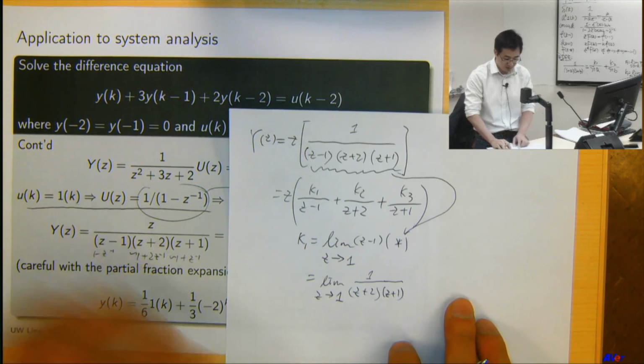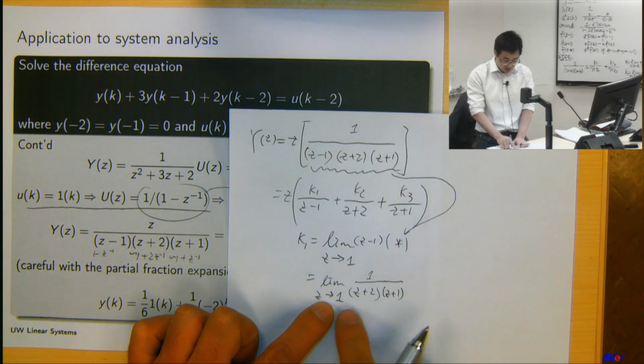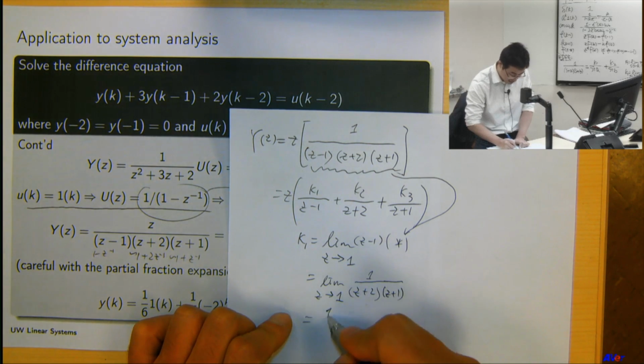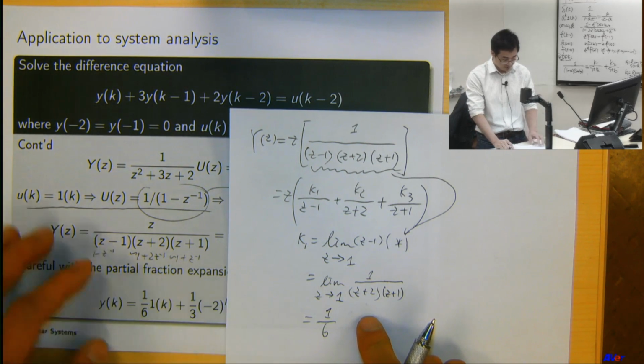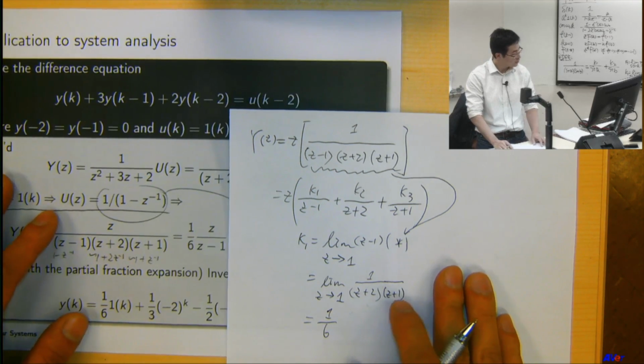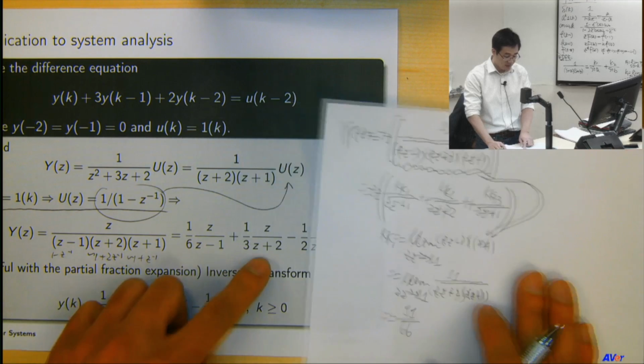So that is how k1 should look. And if you evaluate, it's going to be 1 over 3 times 2, so it's 1 over 6. That's k1, which is what you see here. This is exactly k1. You can do the remaining k2 and k3.